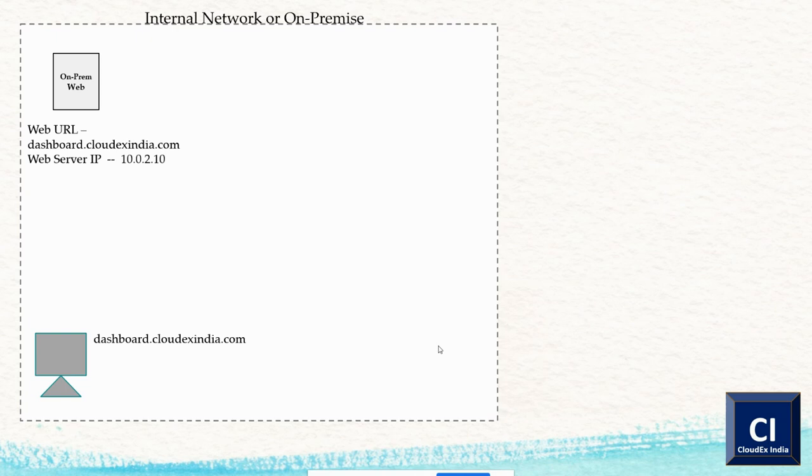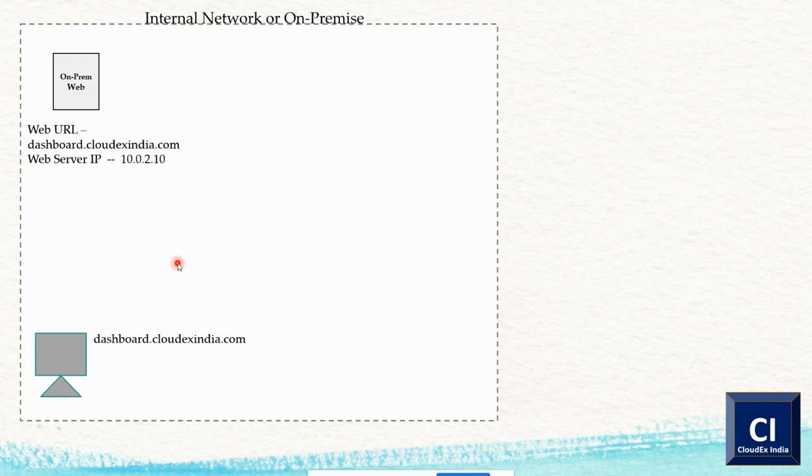There are two things. Either you keep the IP address, by making an entry in your local system host file. You mention dashboard.cloudxindia.com, and next to it the IP address of the CloudXindia dashboard, 10.0.2.10.